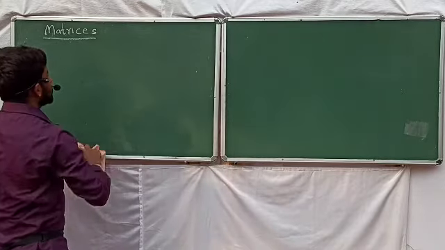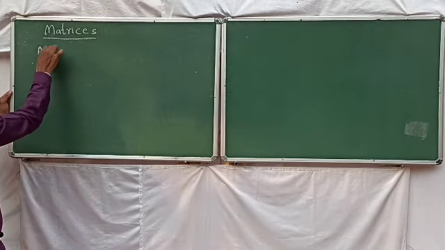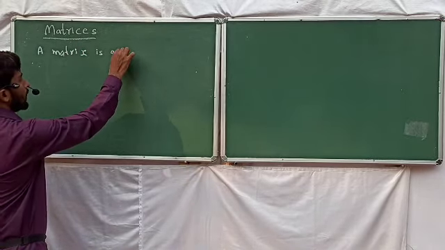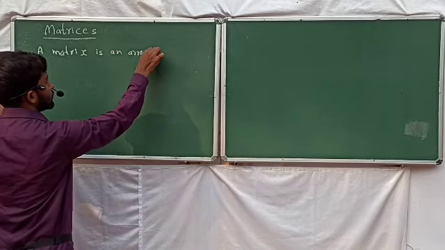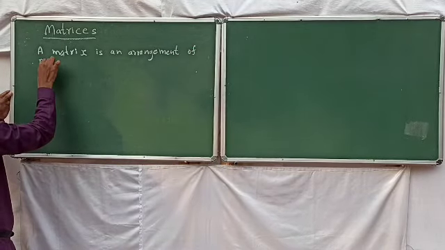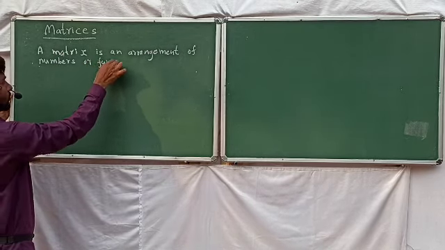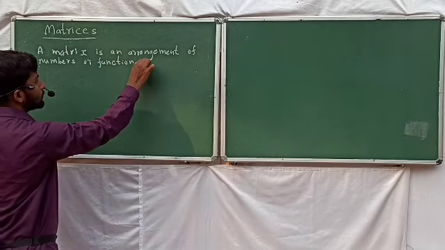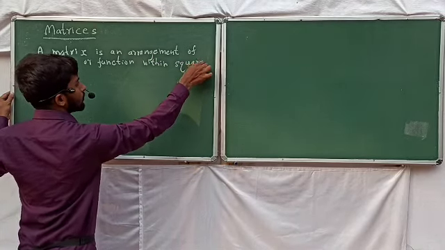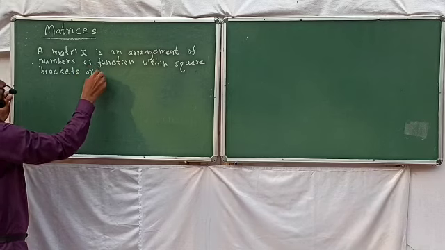In your NCERT book they gave the definition of a matrix as: a matrix is an arrangement of numbers or functions within square brackets or ordinary brackets.